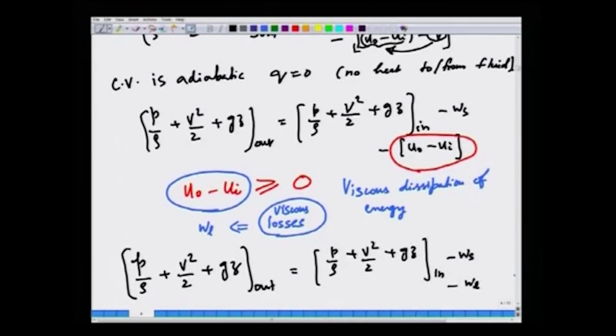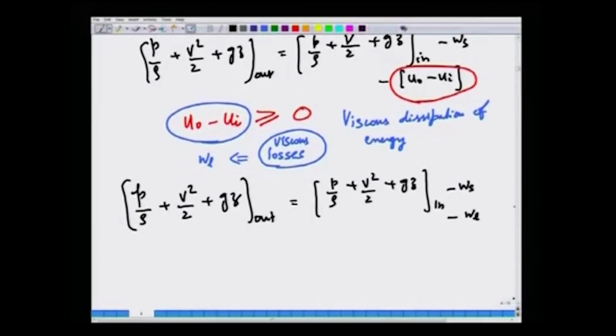This is the amount of energy lost to internal energy by the viscous dissipation action. So, we have to be told what the losses are in order to solve a problem, but we certainly know that there are losses. How these losses are computed for simple systems, we will come to a little later when we do differential balances of momentum. But right now we know for sure that losses are there.